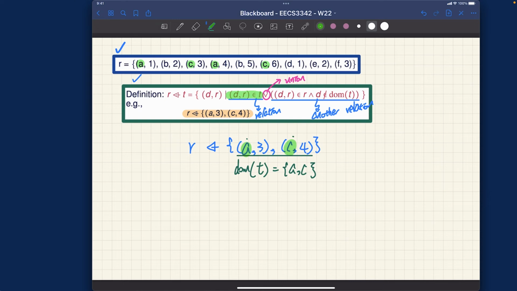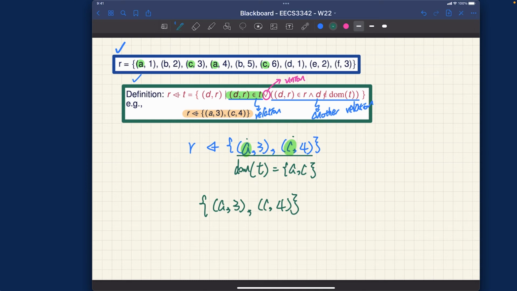It's going to be all the ordered pairs in T. That one should be very easy. It's simply everything in T, basically: A3 and also C4.